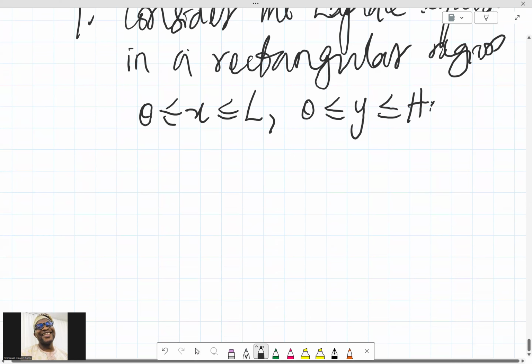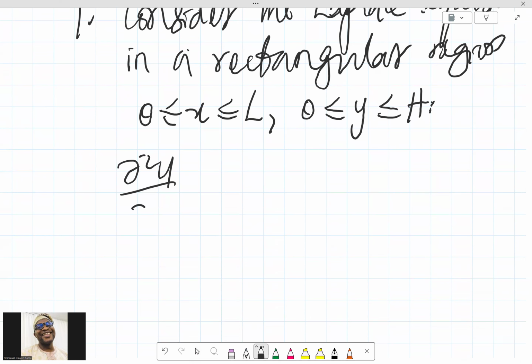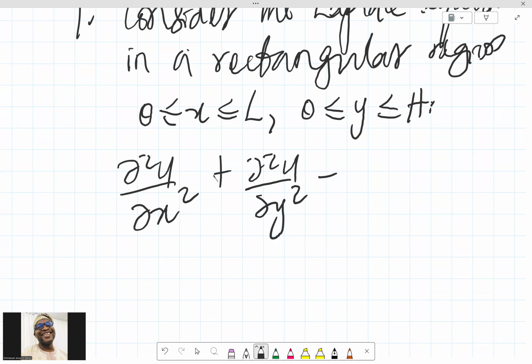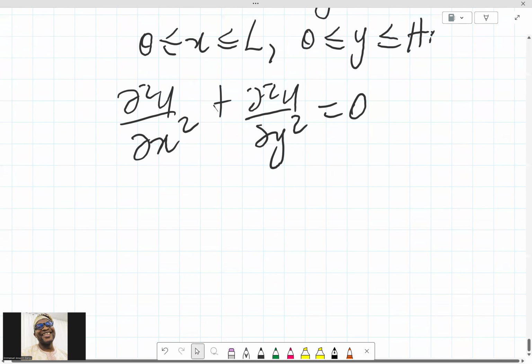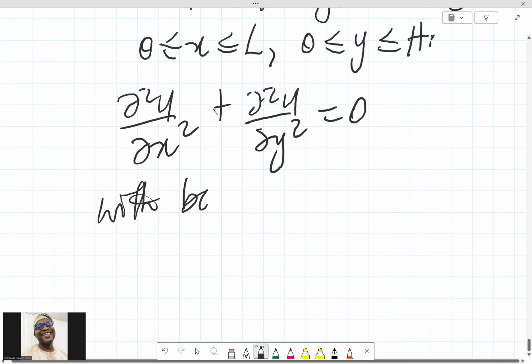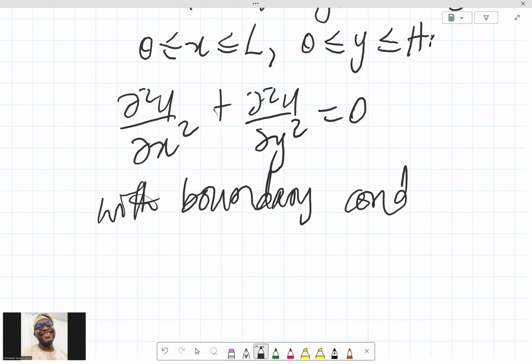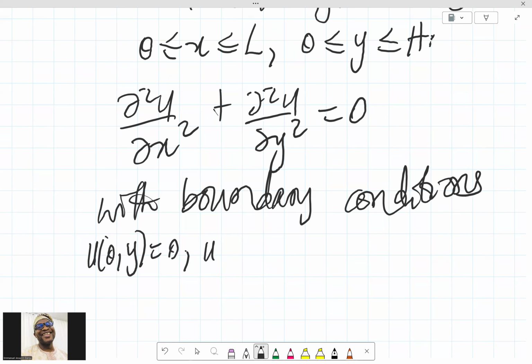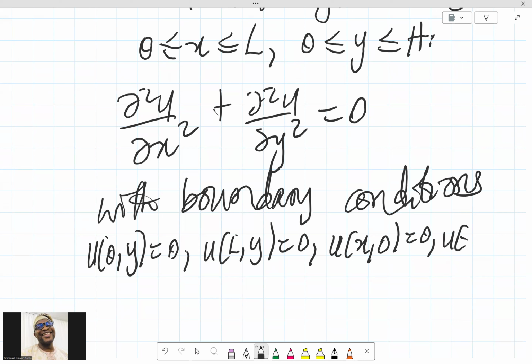The Laplace equation itself is partial squared u partial x squared plus partial squared u partial y squared equals 0, with boundary conditions u(0,y) is 0, u(L,y) is 0, u(x,0) is 0, u(x,h) is also 0.